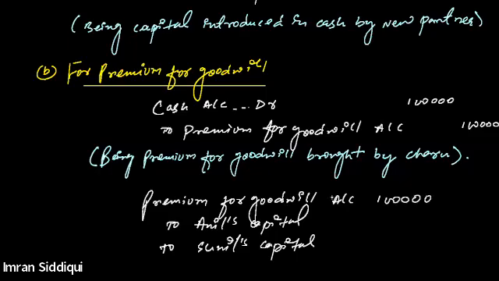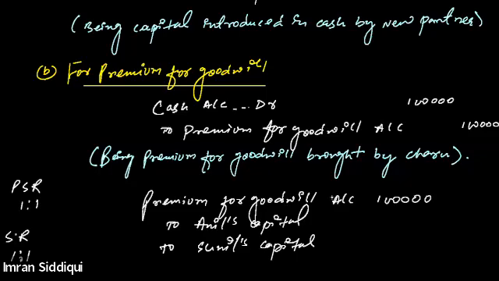Premium for goodwill account debit to Anil's capital account and Sunil's capital account, 1 lakh. And see, they are equal partners. So earlier their old profit sharing ratio was 1:1. When you determine their sacrificing ratio, you can see that it will also remain the same, 1:1 only.